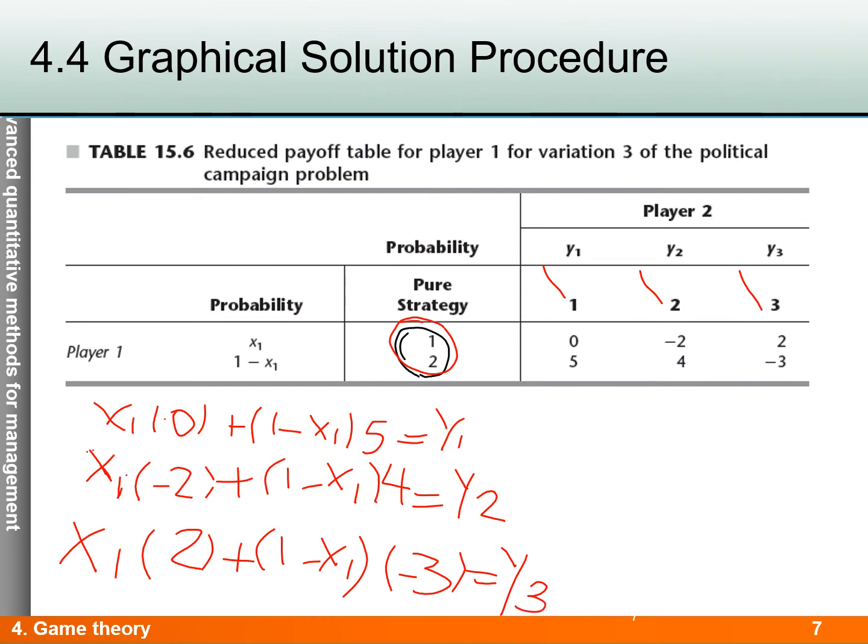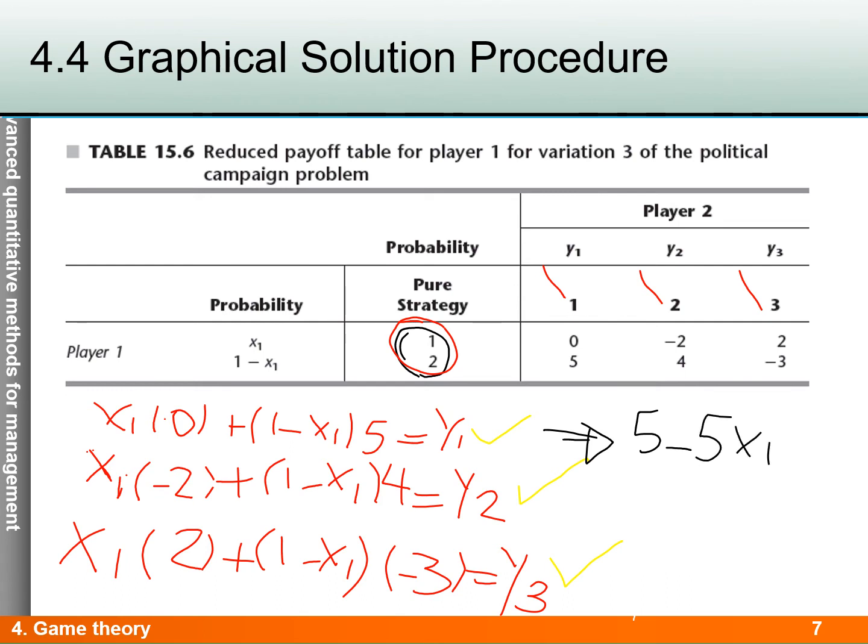Okay, guys, so in this slide, as we see, we have 3 lines to draw, based on x1. If I calculate and write these 3 lines, it gives us 5 minus 5x1.